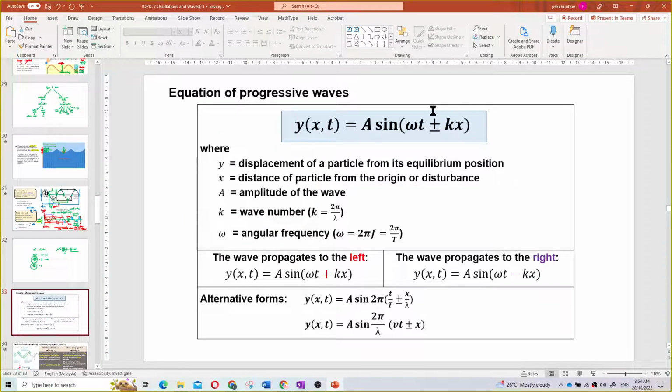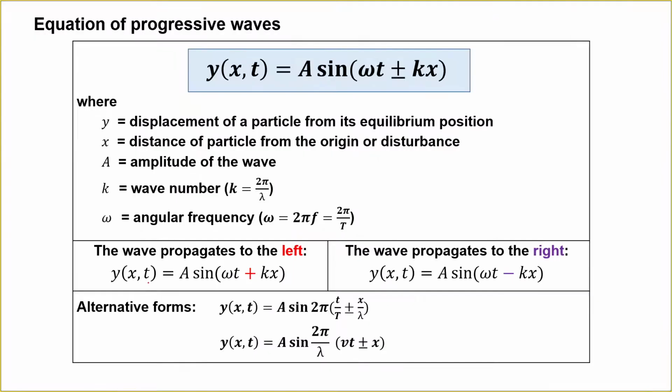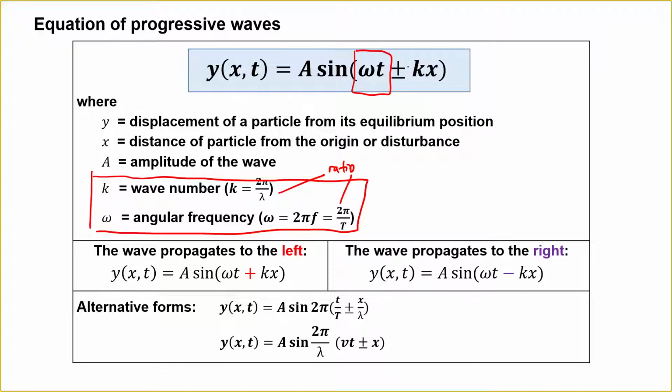because this is what it means by this equation. The meaning of especially this part. These two things, they are ratio. To convert something from time to radian.